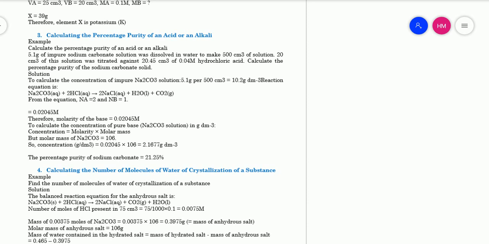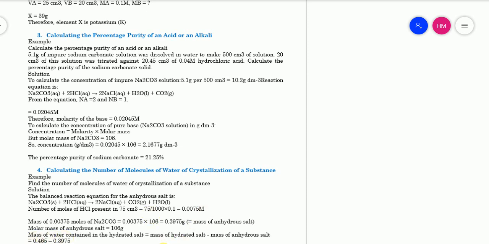So when we say the concept of percentage purity and impurity, what do we mean? You need to grasp this concept first before we discuss the other concepts.